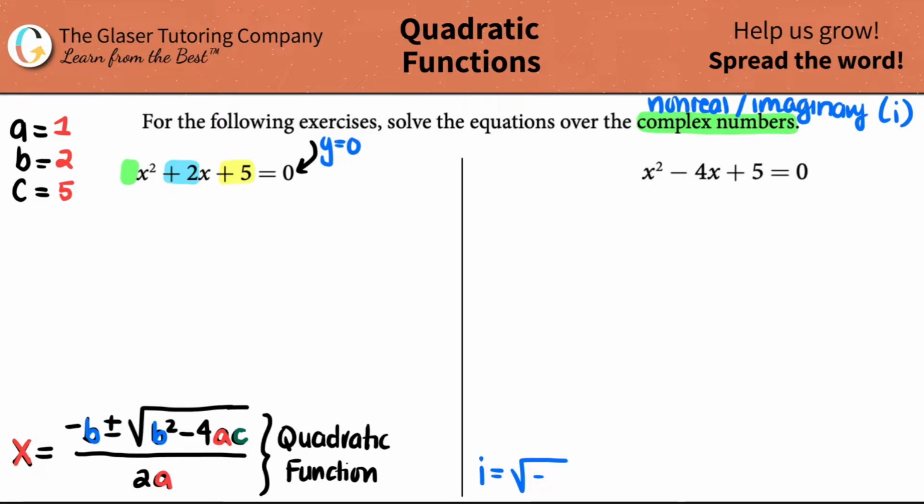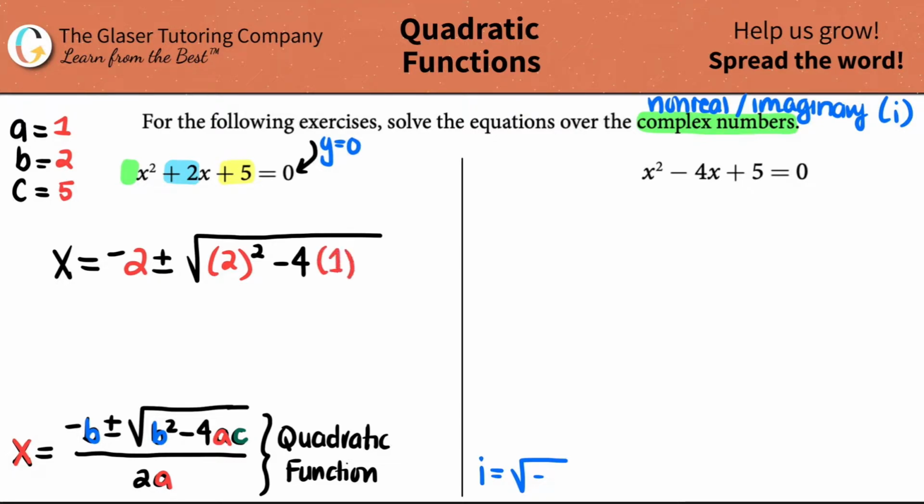I think that's a good idea. So let's see. x equals negative b, b was a 2, so negative 2, plus or minus the square root of b squared, b was 2 again, so that's 2 squared, minus 4 times a, which was 1, times c, which is 5, and that's all over 2 times a, so 2 times 1.